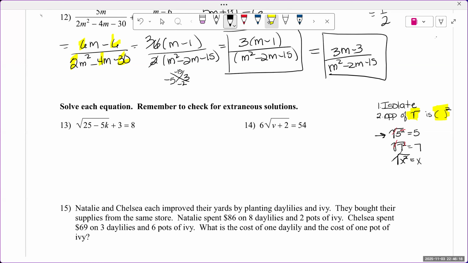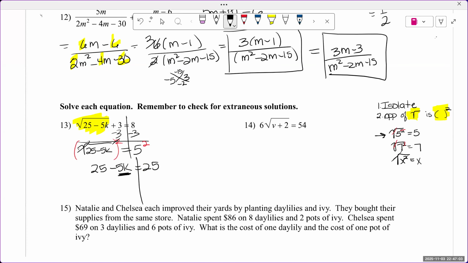Okay. So number 13, our first step is to isolate the square root. So we're going to subtract 3 from both sides. Now we've isolated the square root. The way to get rid of the square root is square both sides. Square root cancels squared. And now we're going to solve.